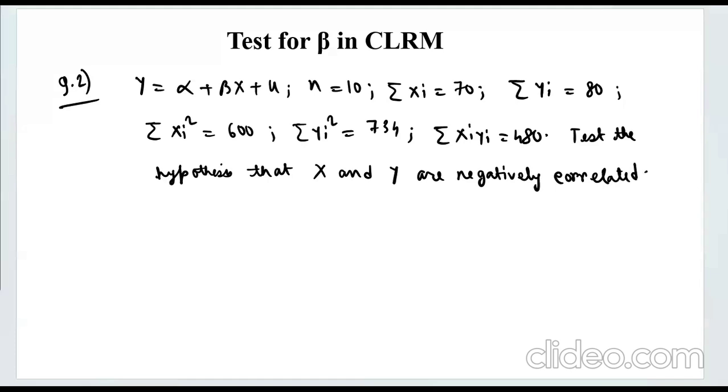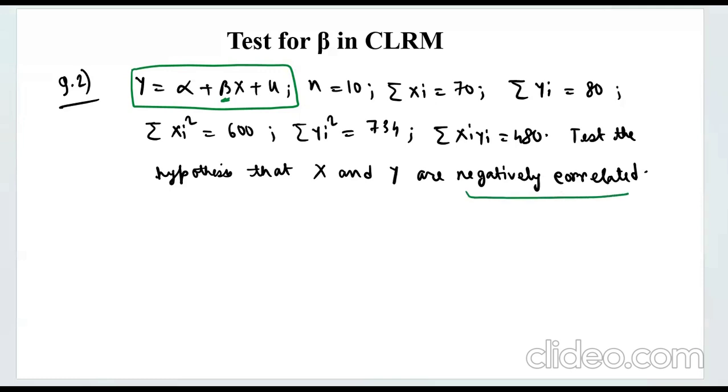So this is the question. Now x and y are negatively correlated means what? From this regression equation, in which terms can you define the negative correlation? This correlation can be defined in terms of beta. See, if beta is negative, then x and y have negative correlation. If this beta is positive, then x and y have positive correlation. I hope you get this from reading this question.